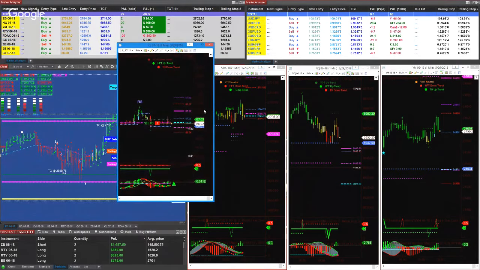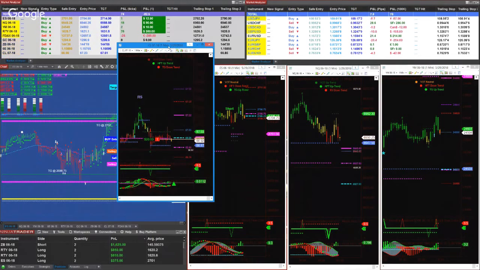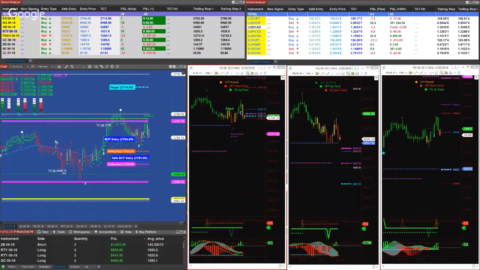We're still on that trade on the CL. The ES is getting stuck between the resistance line and the entry price.